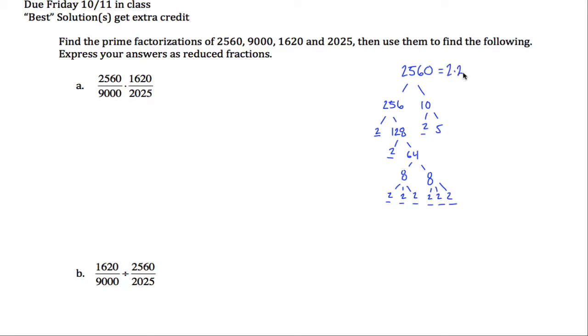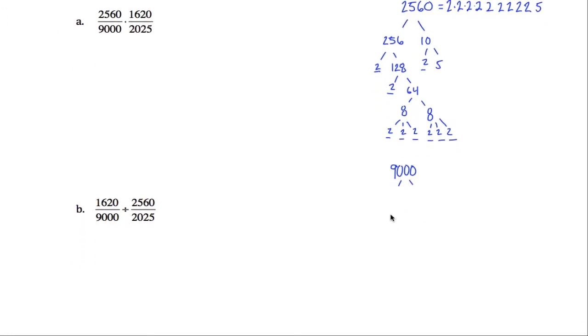It's 9 of these 2's being multiplied together, 1, 2, 3, 4, 5, 6, 7, 8, 9, times 5. So what we now have is the prime factorization of 2560.